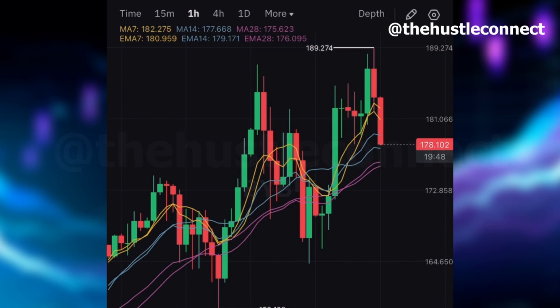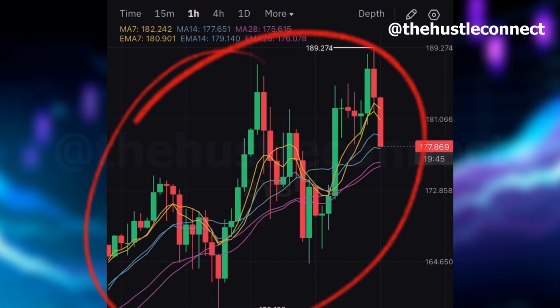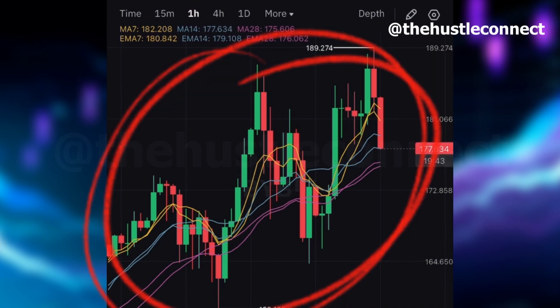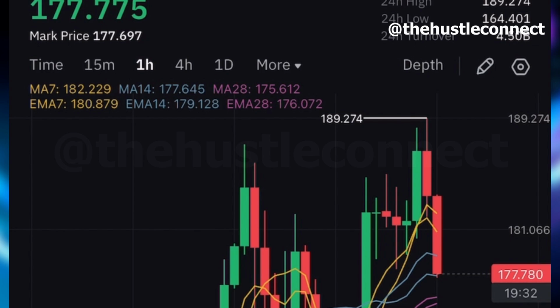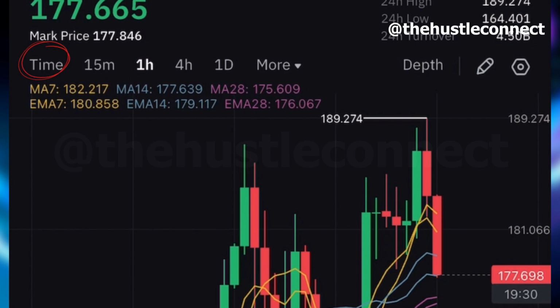On your screen right now, you're going to see green and red sticks hanging everywhere. They are called candlesticks. You could view this in different time frames. Each of these sticks represents each time frame that you've selected to view them in. Let me explain what I mean by that.